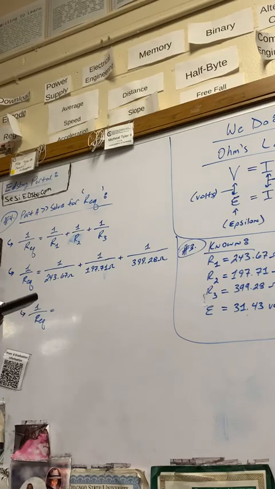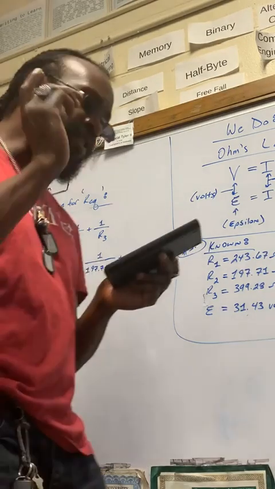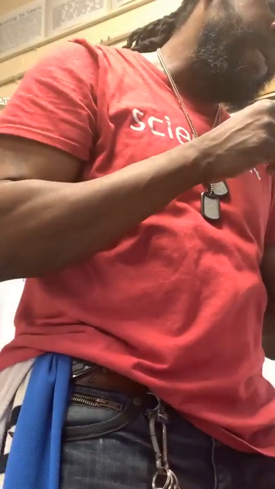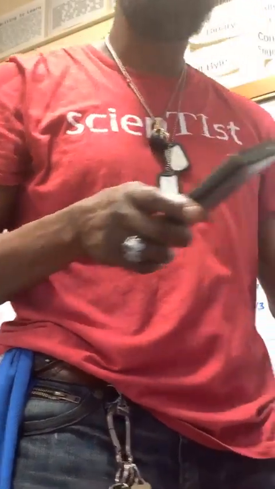So I hit fraction, 1, come downstairs, that is 243.67, plus, make another fraction, 1 over 197.71, plus, make a fraction, 1 over 399.28. I get a yield of 0.0, I want to say 117.